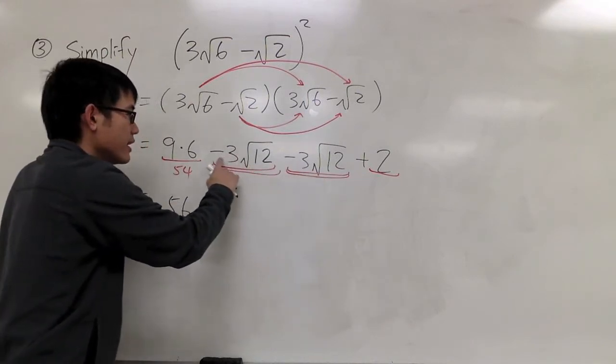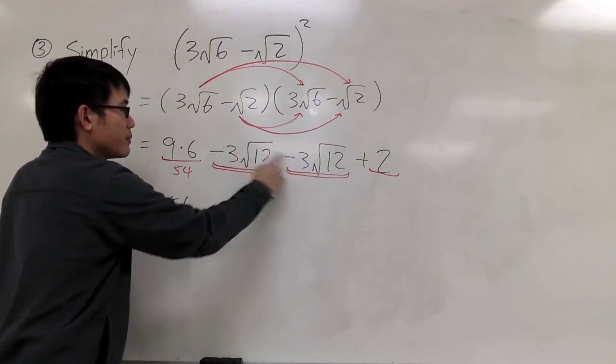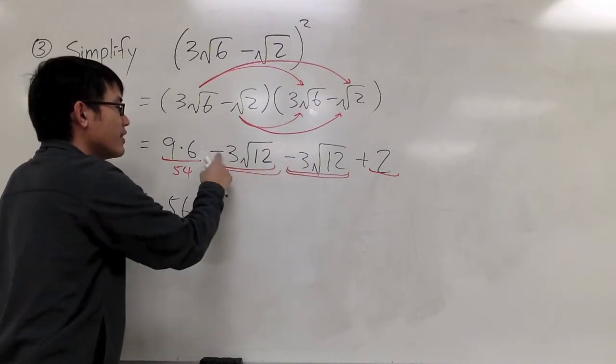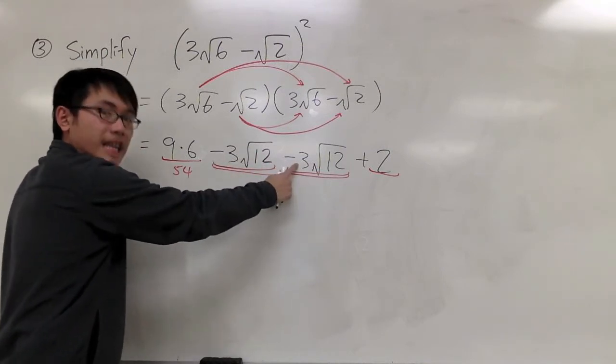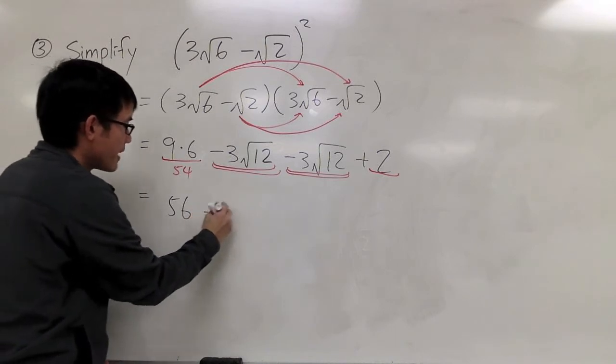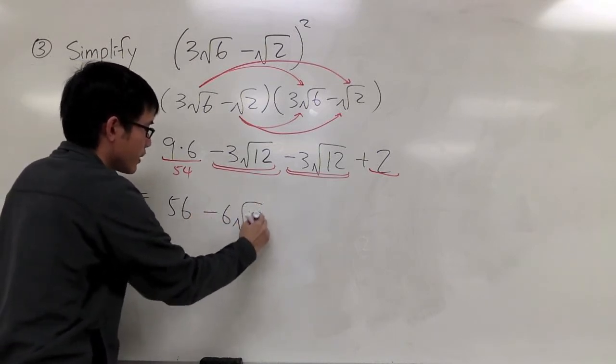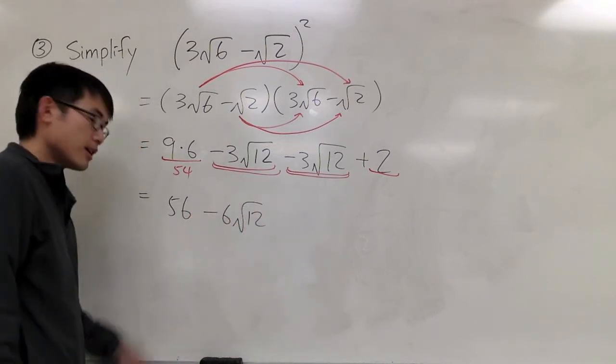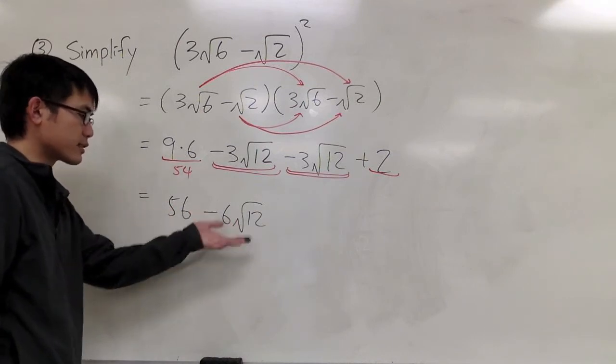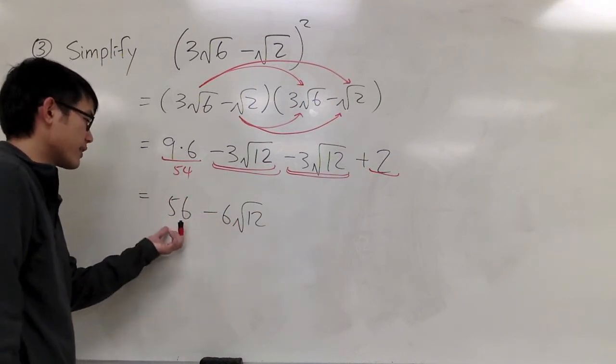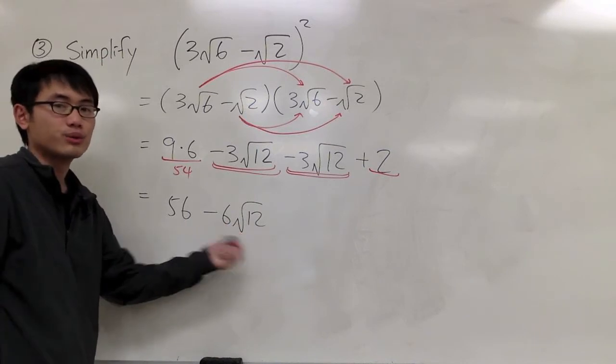So I can just combine the coefficients, the number in front of the square root. Negative 3 minus 3, we get negative 6. So I have minus 6 square root of 12. So I have 56 minus 6 square root of 12. This is the regular number, and this number has a square root.